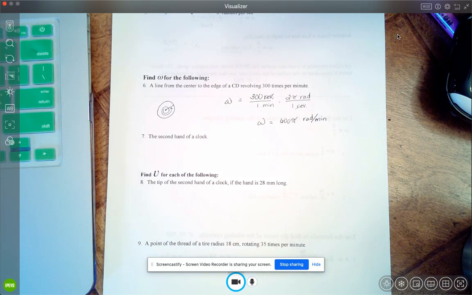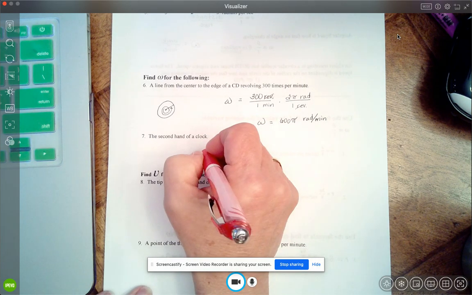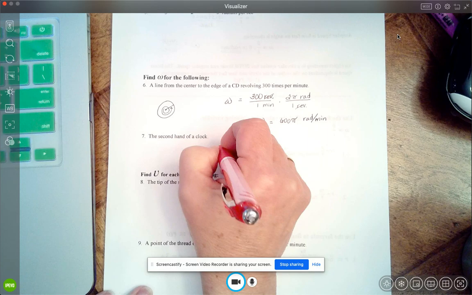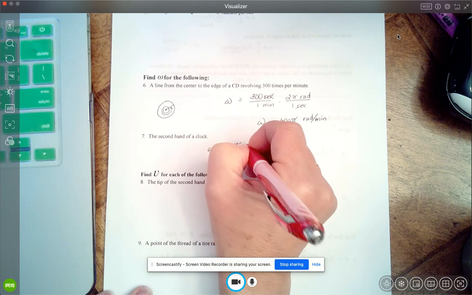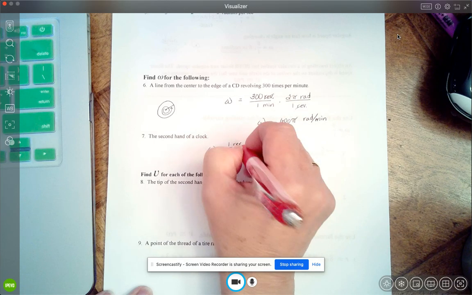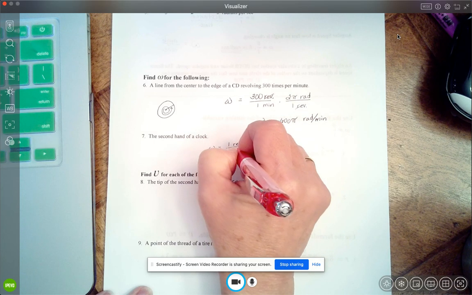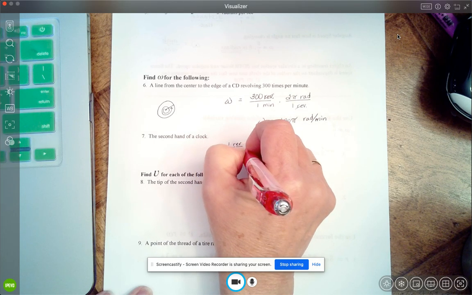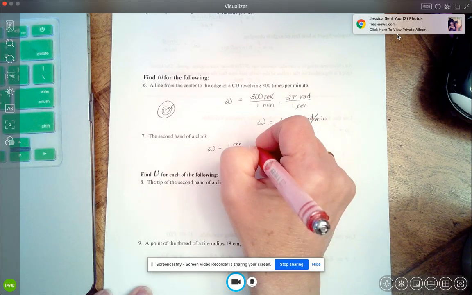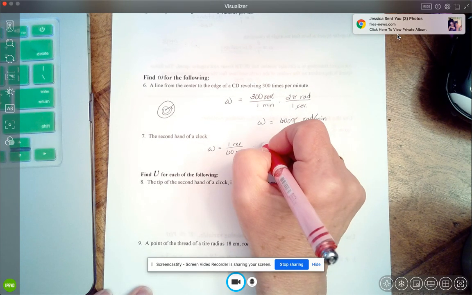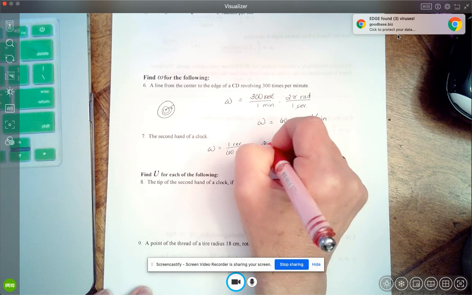Now let's look at the second hand of a clock, number 7. I know that my angular speed, it's going to do 1 revolution, and a second hand takes 60 minutes to do one revolution. So in one revolution, there are 2 pi radians.